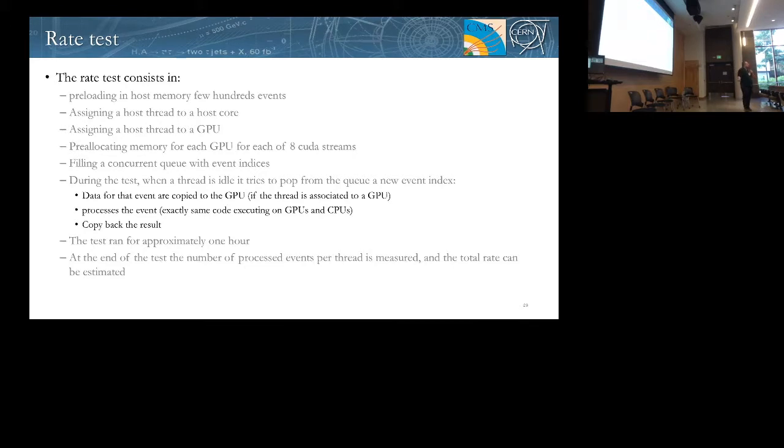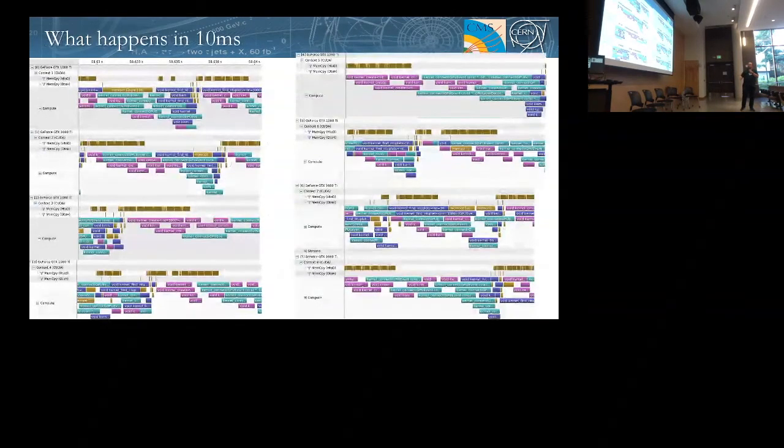Otherwise, if it is on the GPU, the same algorithm will run on the CPU, but of course without any copy. The tests run continuously for approximately 1 hour, and at the end of the test, we measured the number of events processed. So this is what happened in 10 milliseconds on 8 GPUs.